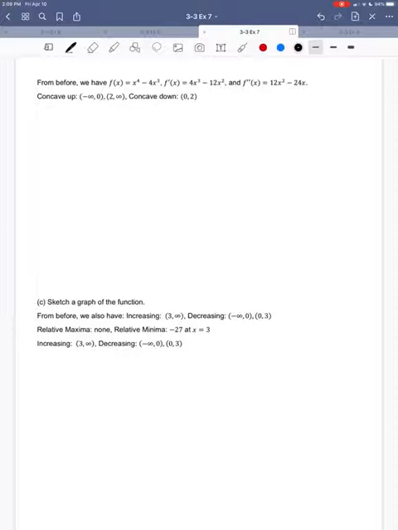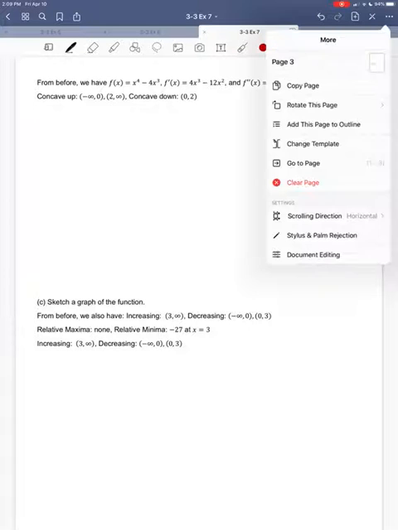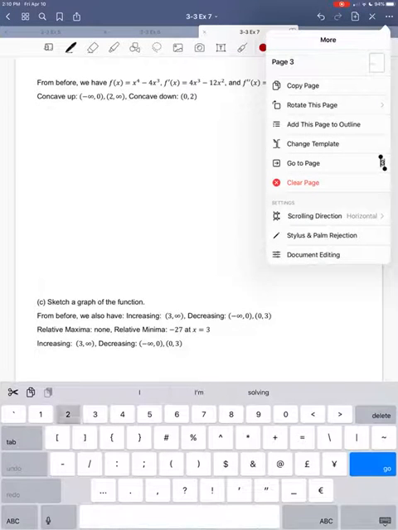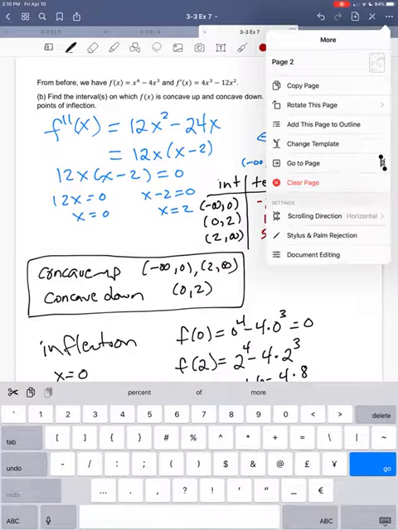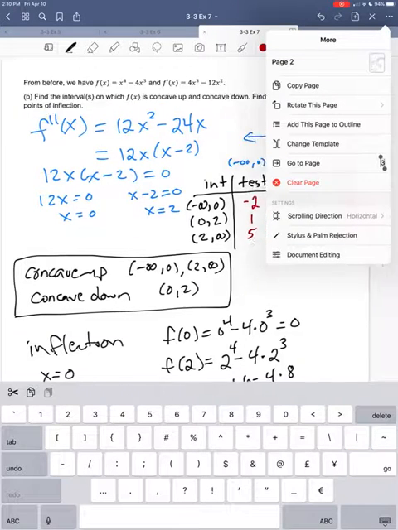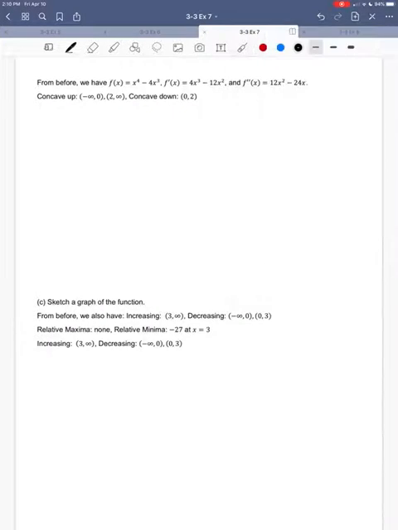No, that's not what I wanted. All right. Let me go back here. I didn't write down, so where it's concave up from negative infinity to 0 and from 2 to infinity. It's concave down from 0 to 2. I should have written that on this page here. All right, so we're going to graph this function.